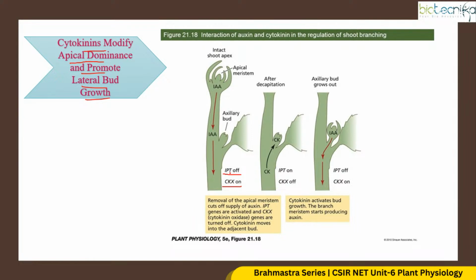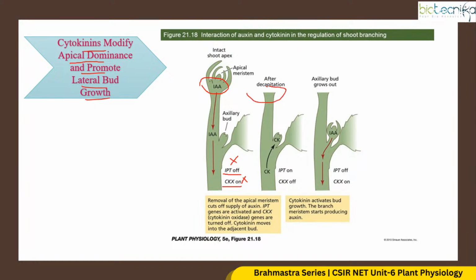IPT is responsible for producing cytokinin. When you have an intact shoot apex, your auxin can move. At that stage we don't require cytokinin, and whatever cytokinin is there has to be degraded, so cytokinin oxidase is on.